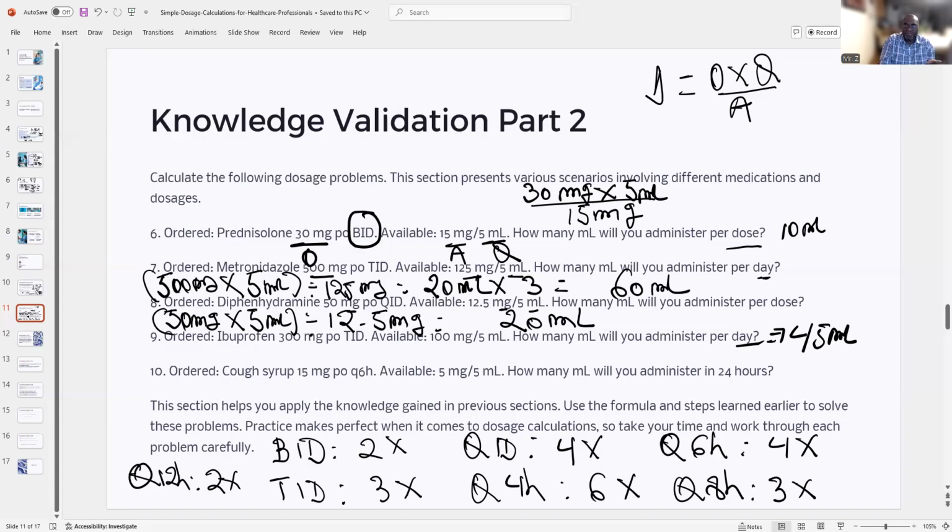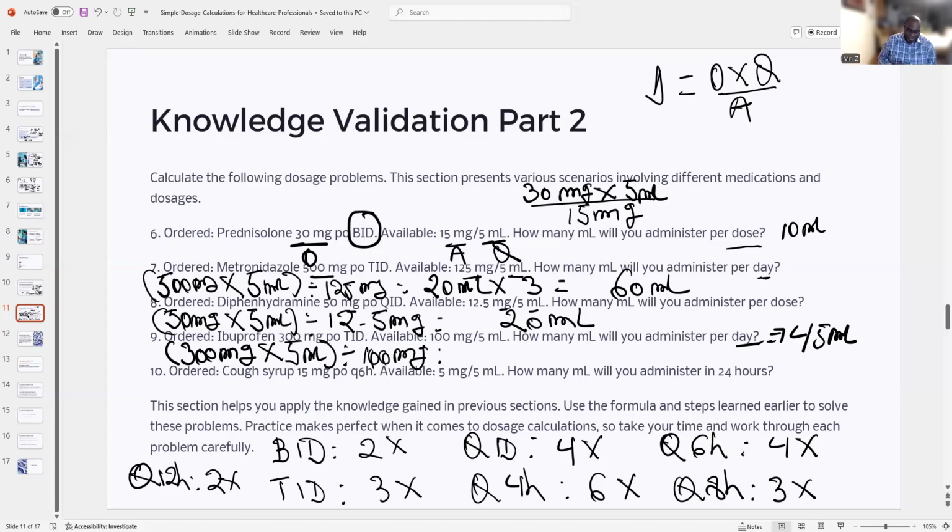But Mr. Z, solve that for us. Yes, I heard you. So your order is 300. You multiply that by your quantity, which is 5 ml. Divide that by available. Your available is 100 milligram. Milligram and milligram, you cancel out.